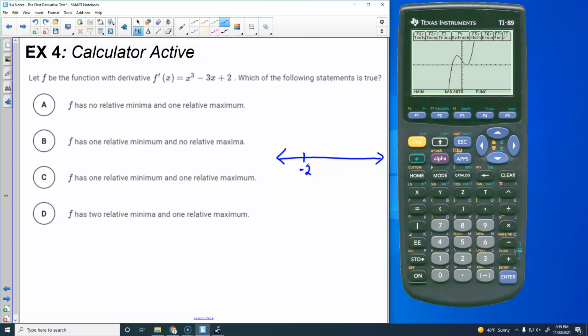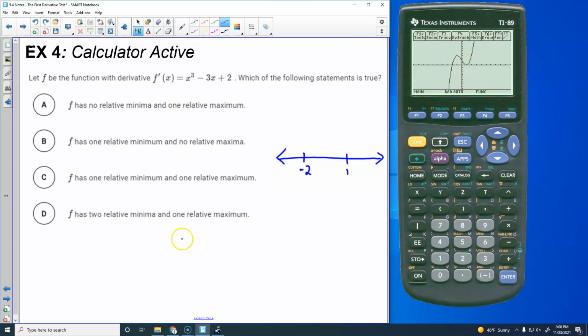It wouldn't change the relative. You could, but do it this way, because there'll be ways that they'll give it to you. I'm impressed though, because you just took the integral of that without being taught how to take the integral. So, good job. All right, so it looks like it's about -2 and about 1.